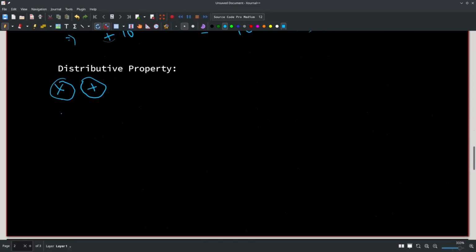A into B plus C, which are three different numbers, will not result in A into B plus C. No, this is wrong, because the distribution has to be done on two different numbers.